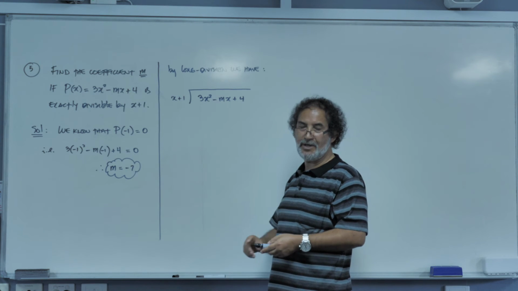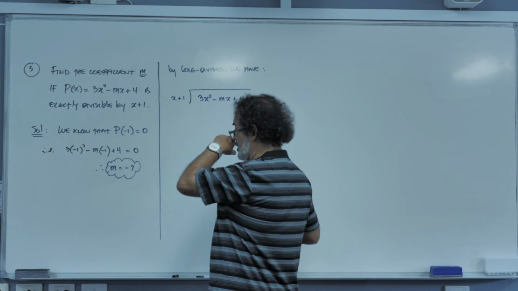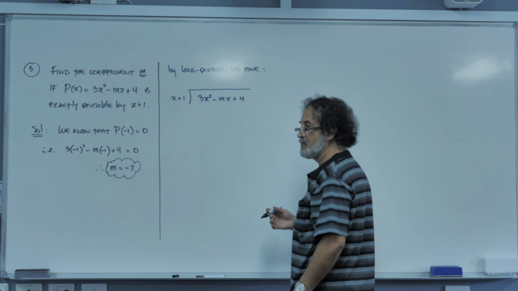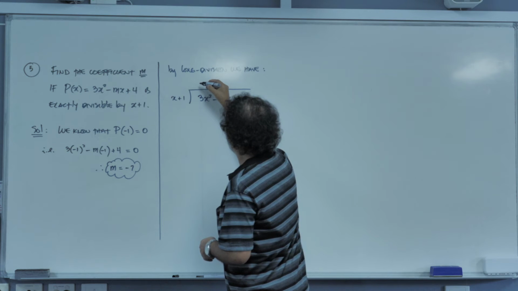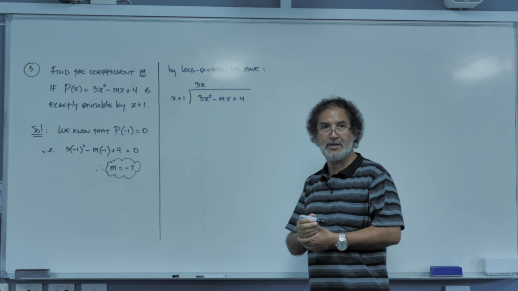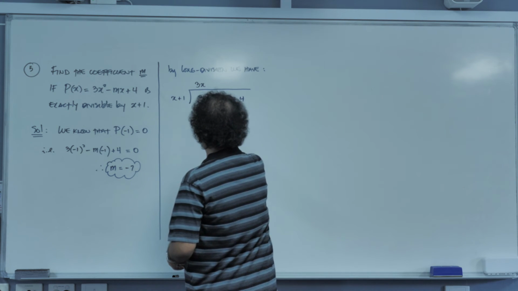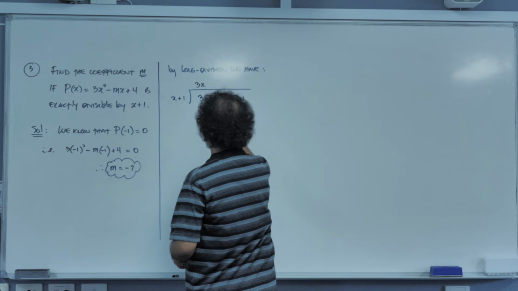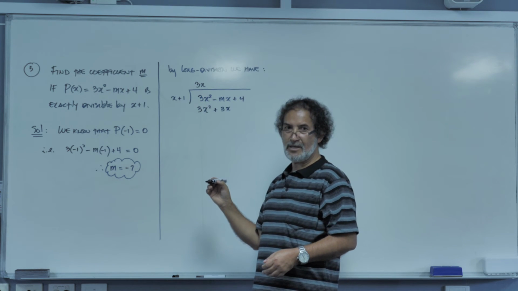Okay, that is what we need to find, right? So let's do exactly what we do when we do the long division. So I need to multiply x by 3x squared, right? Sorry, 3x. 3x. Okay? And if you do so, then you're going to have 3x squared and then plus 3x, right?